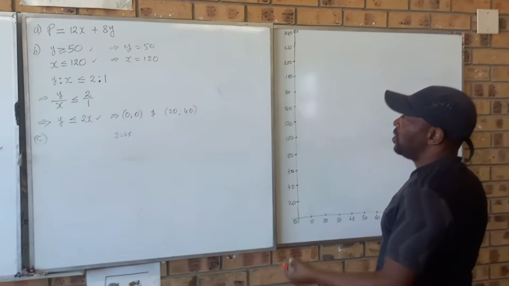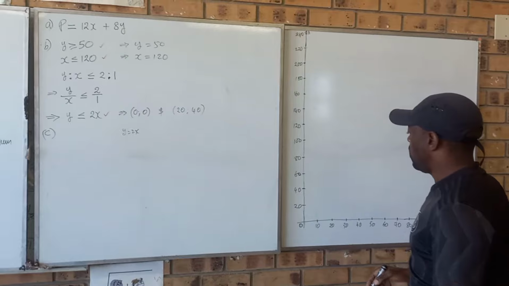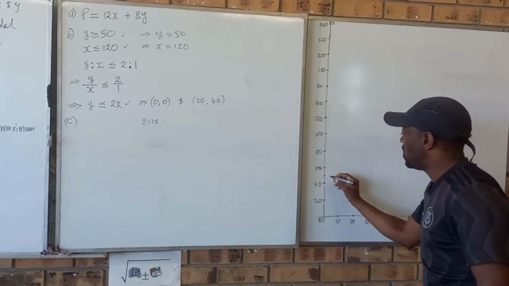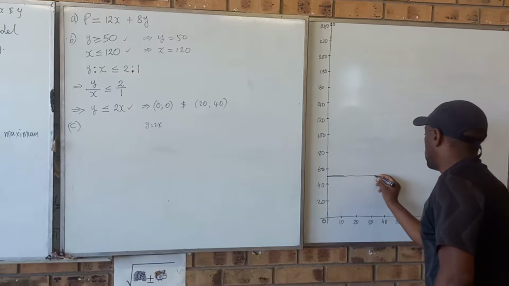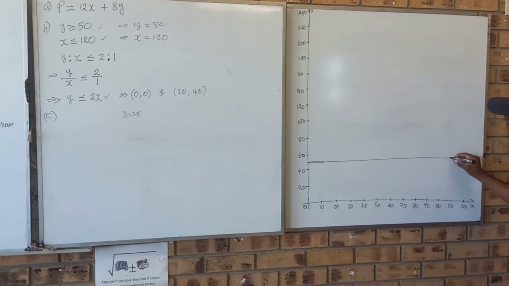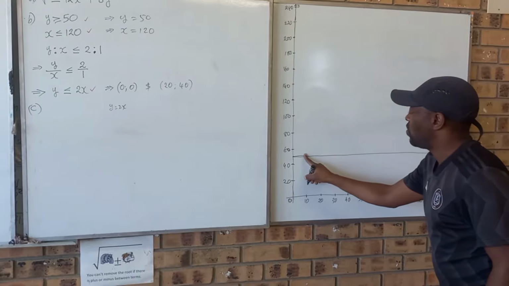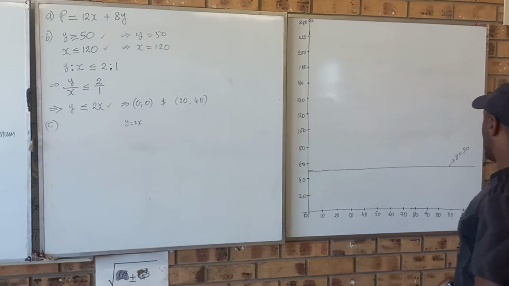I can now draw. If I need the line y equal to 50, I go to the y-axis and look for 50. 50 should be midway between 40 and 60. I draw a horizontal line. Guys, remember you need a ruler. Then each time you draw a line, remember to label it y equal to 50. Then the next line should be x equal to 120.